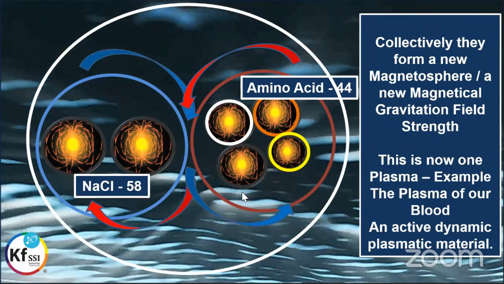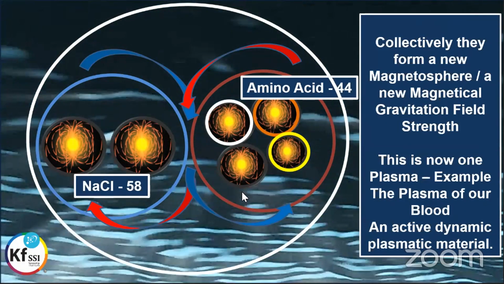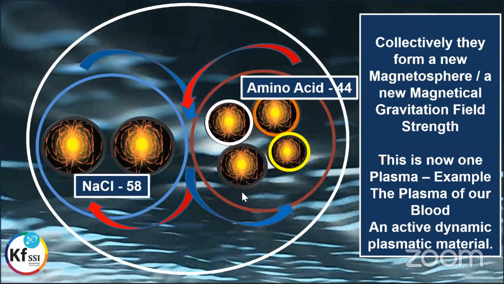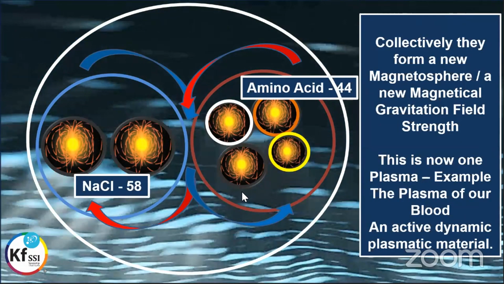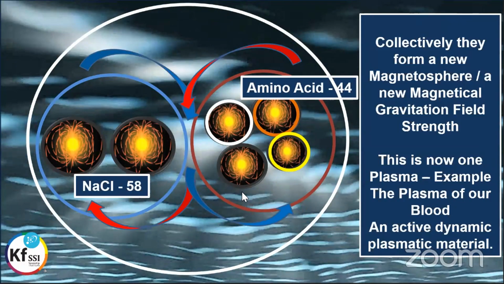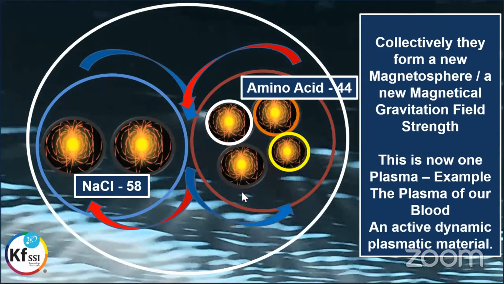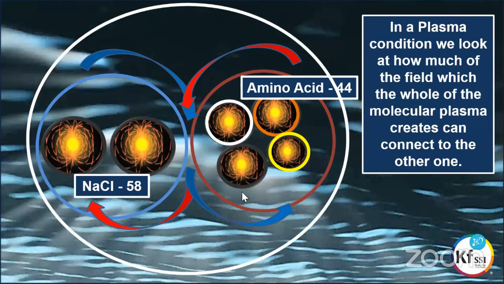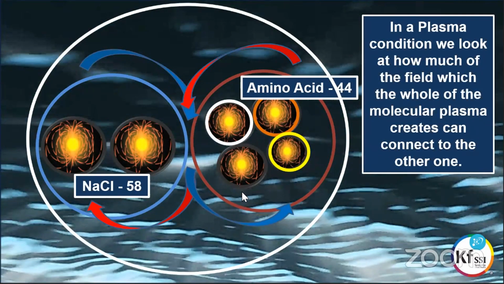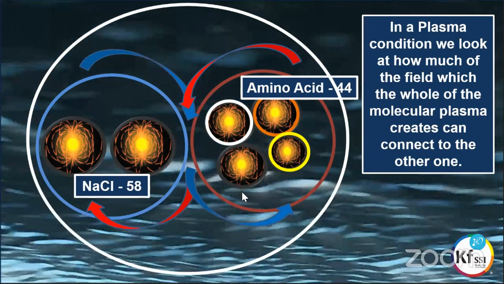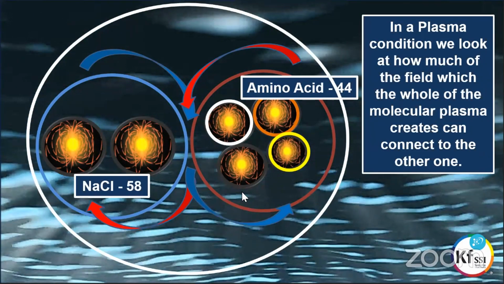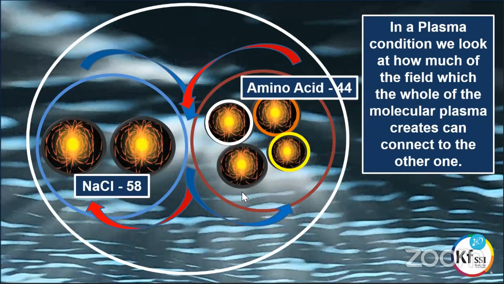It's the interaction of the fields that come together, and that combination together creates a new magnetosphere, what we know as the amino acid structure, or salt. In a plasma condition, we look at how much of the field which the whole of the molecular plasma creates can connect to one another.